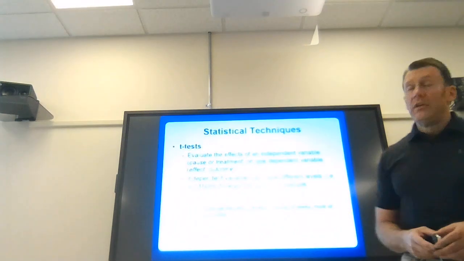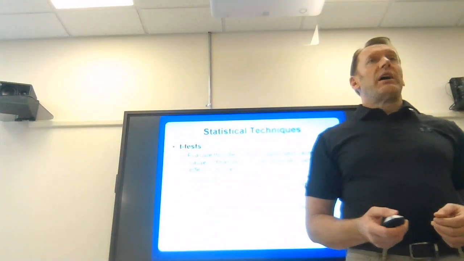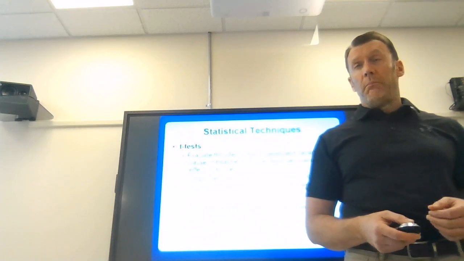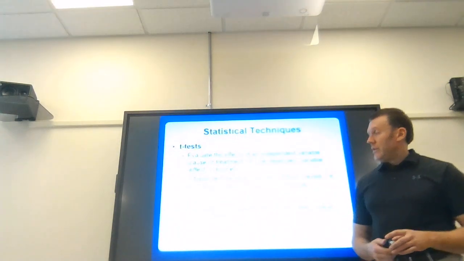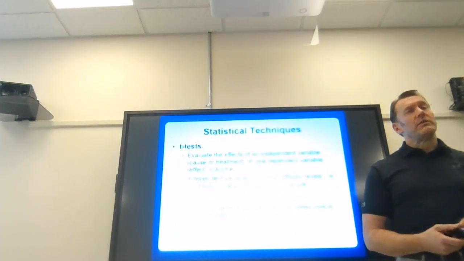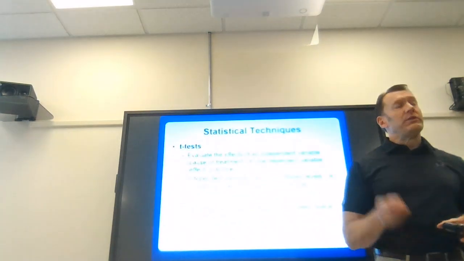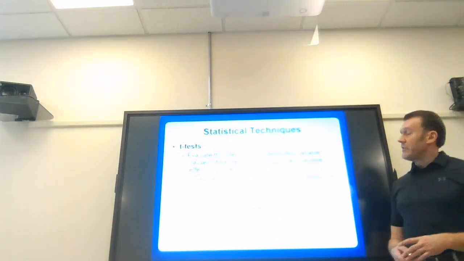You'd have 2 different groups that exercise at each of those intensity levels over a long period of time, and then the outcome or the effect would be the dependent variable. So looking at the effect of exercise intensity on VO2 max with 2 different conditions, 50% versus 70%.